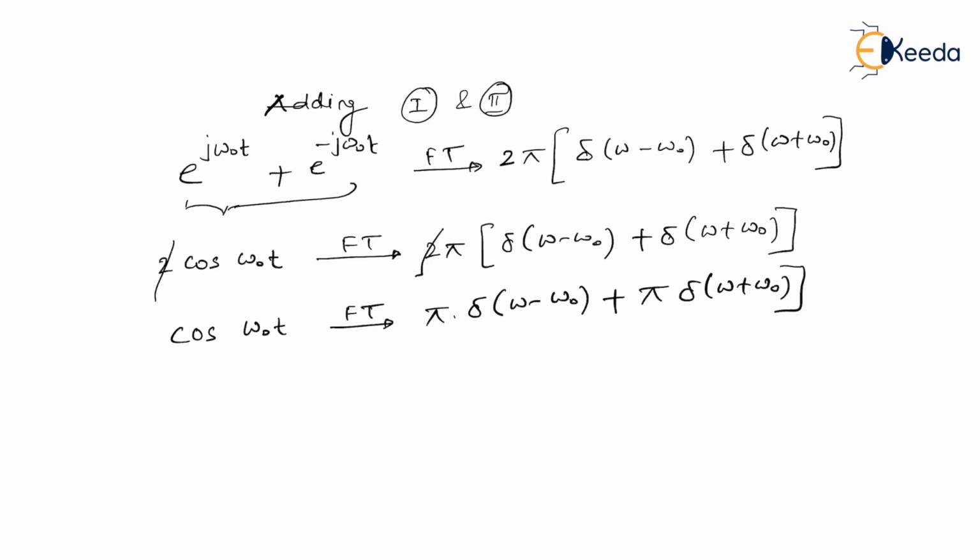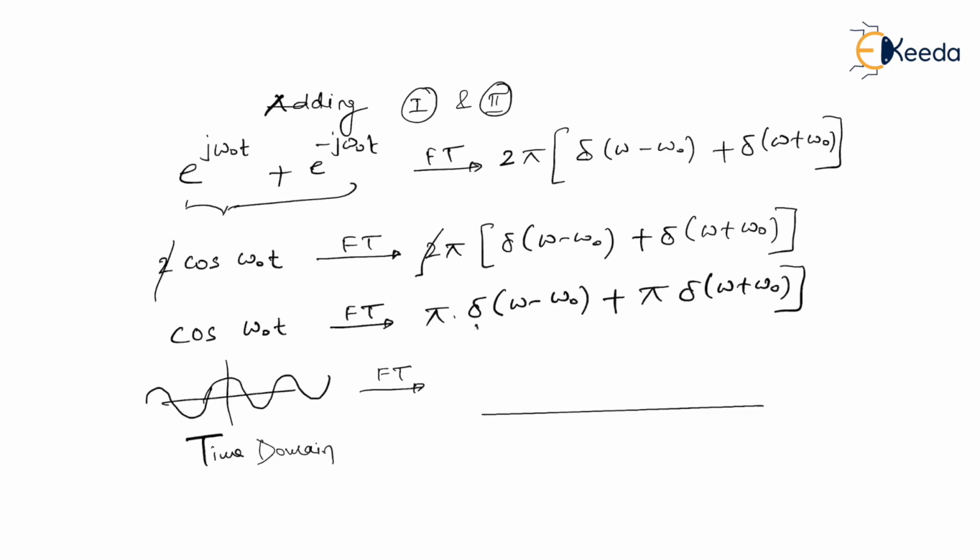Am I right? So as you know, cos of omega naught t is a signal which looks like this. In which domain? Of course it is in time domain. Whereas after transforming it into the frequency domain, I can draw its frequency spectrum like this. So we know how to draw this, that is delta function of omega minus omega naught.